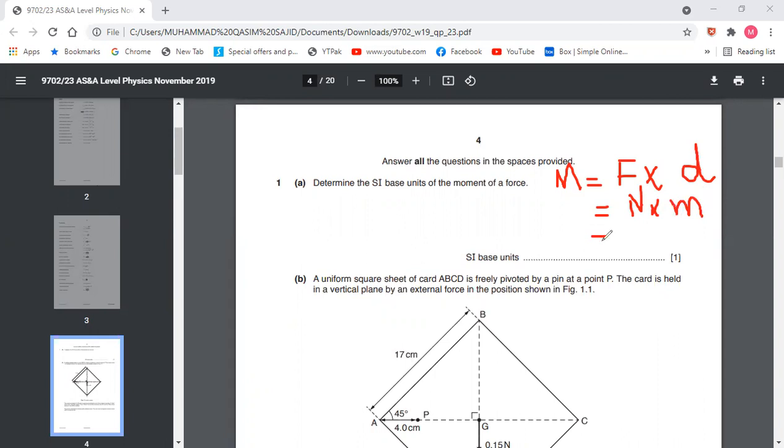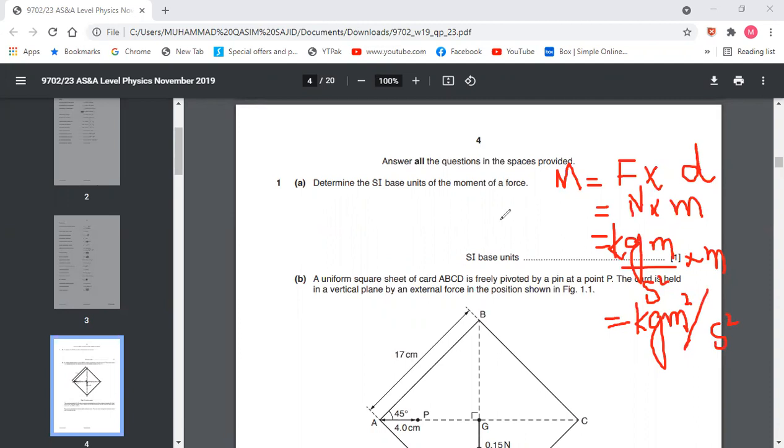So this must be kilogram meter per second square into meter. So this moment must be equal to kilogram meter square upon second square. So this is the unit.